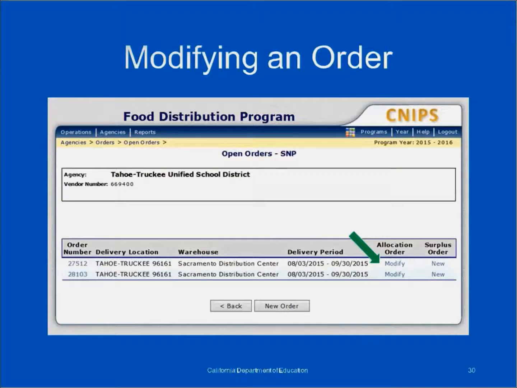Once you have navigated to the Order Form menu, you can also choose to modify an allocation. Orders can be modified to add, remove, or adjust the quantities of requested USDA foods as long as the ordering period is open. To modify an order, select the Modify link under the Allocation Order column.